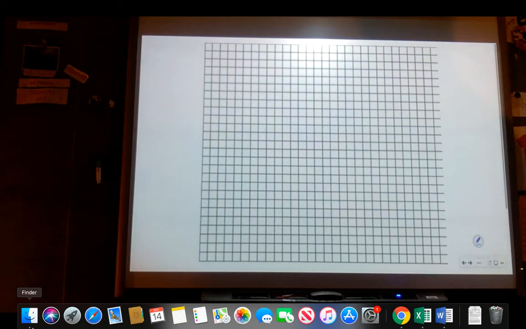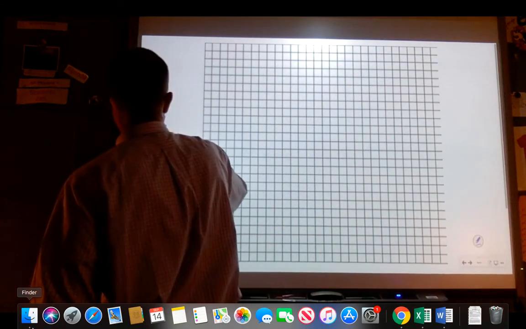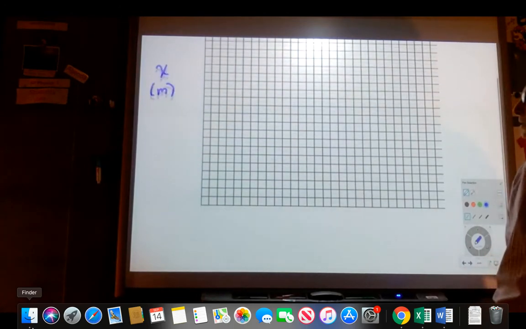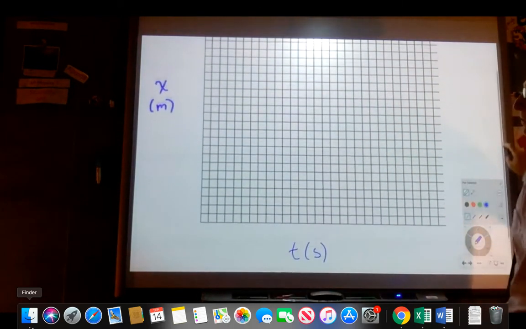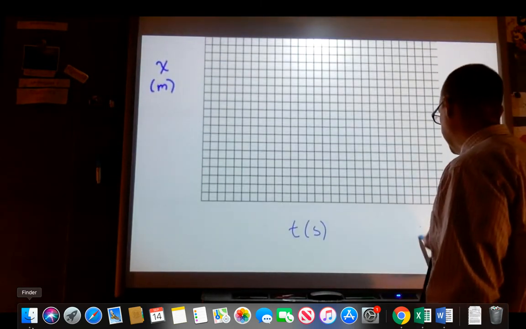All right, my biggest value on the y-axis, make this a little bit smaller, is going to be 800. On the x-axis, it's going to be 60.